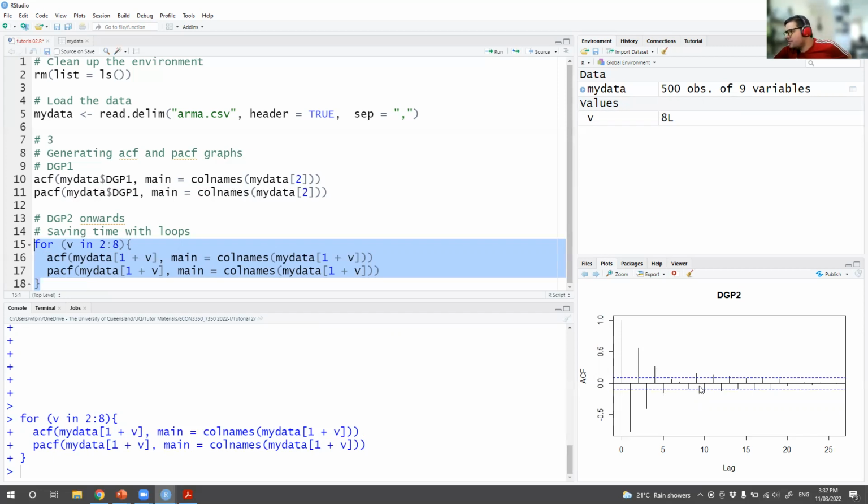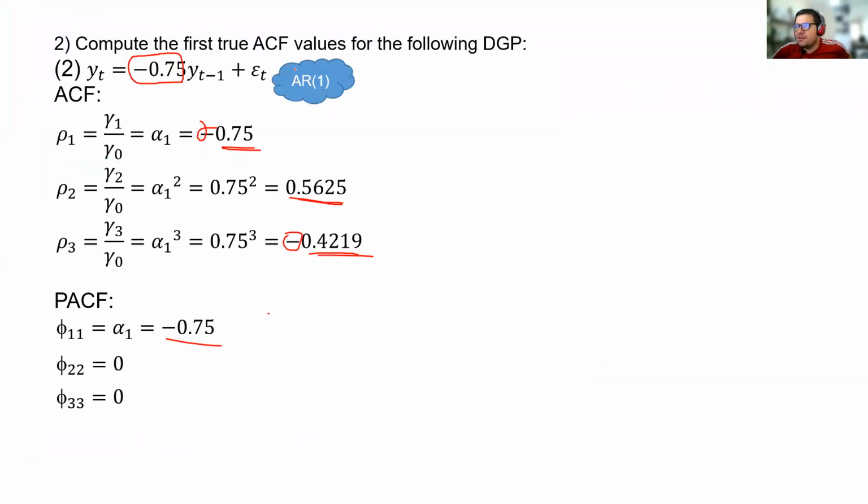It puts up a little bit of a fight later, but it will eventually go straight to 0. So it will oscillate and decay when the model is an autoregressive one with a negative coefficient.